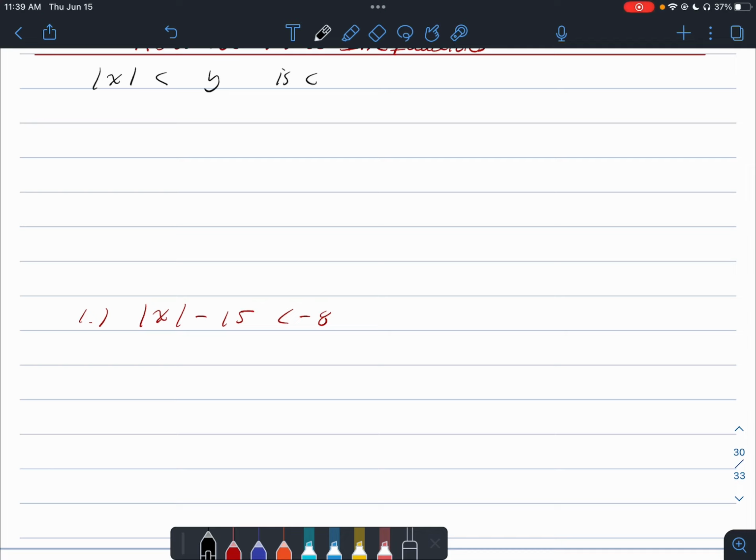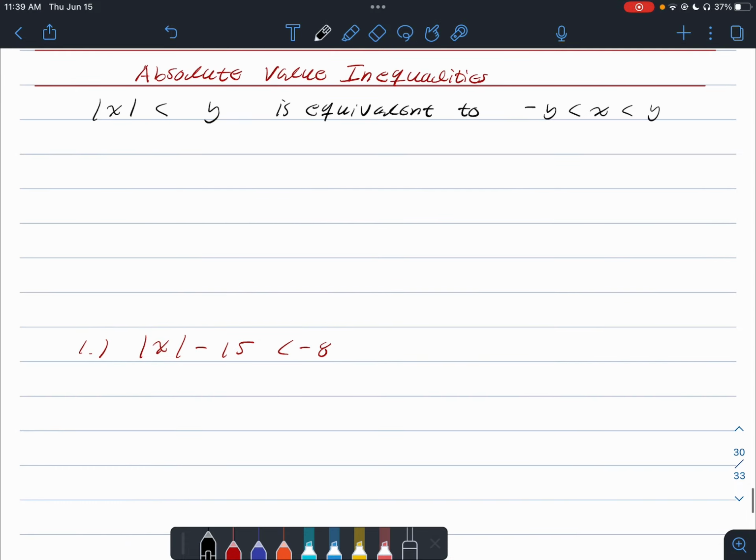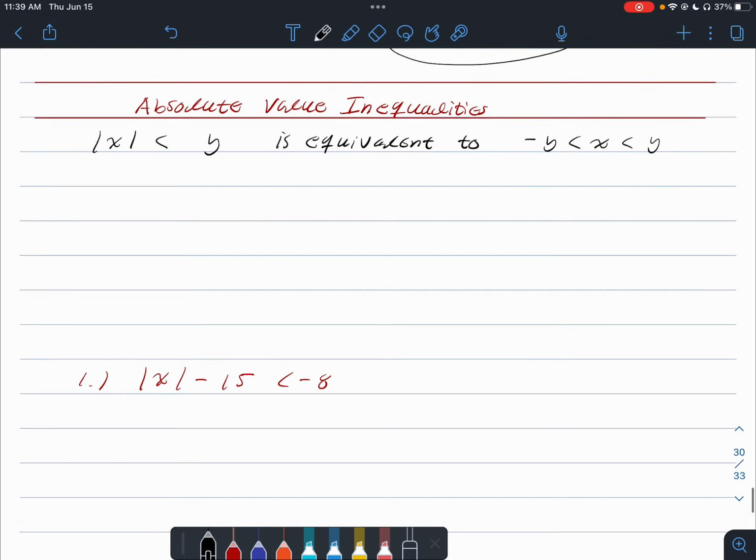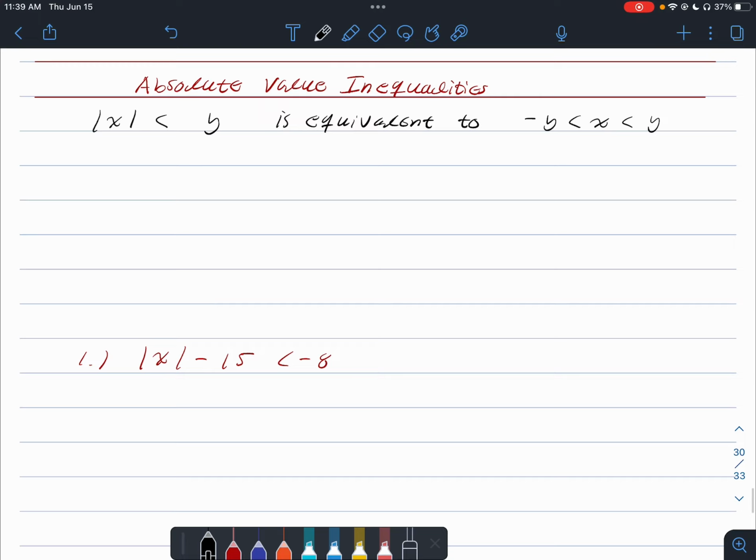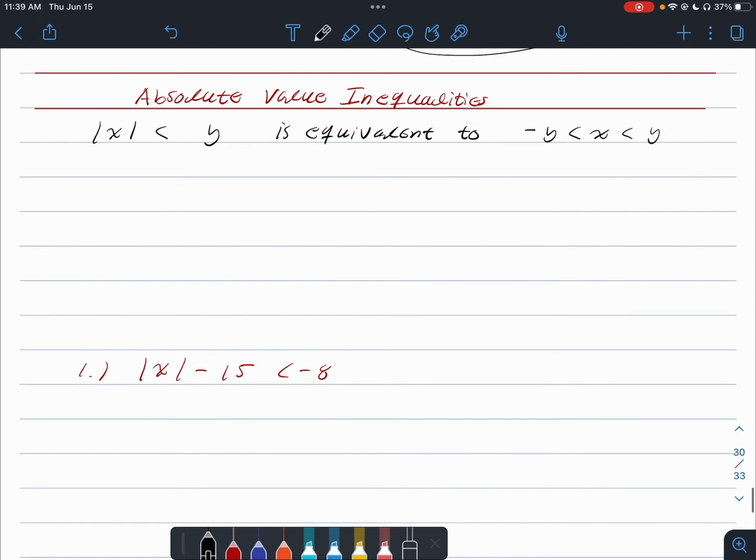This is equivalent to negative y is less than x, which is less than positive y. To understand a little bit about that, let's say in this case we let y equal 4.